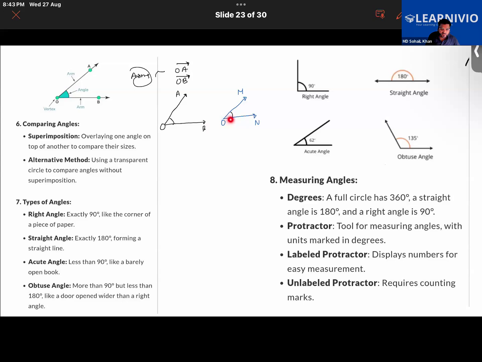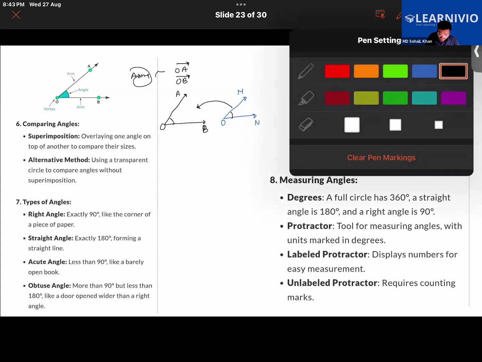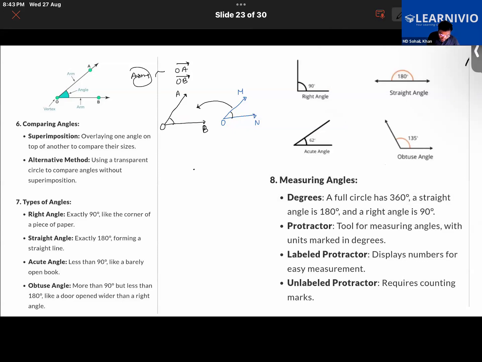So what I can do here is put this angle MON over the angle AOB. How are we going to put it? We are going to put it in such a manner that their vertex should overlap, should be on top of one another.